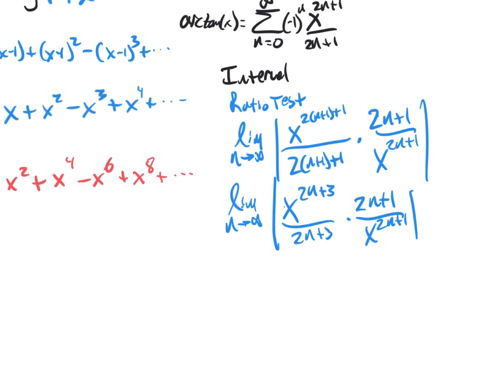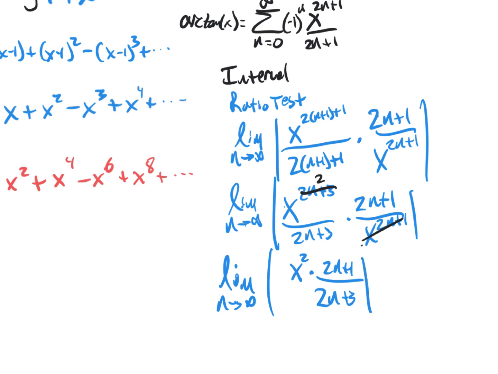Okay, what happens here? Well, we subtract the exponents here. 2n plus 3 minus 2n plus 1 will leave us with 2. And these don't cancel here. So we end up with the limit as n goes to infinity of x squared times 2n plus 1 over 2n plus 3.